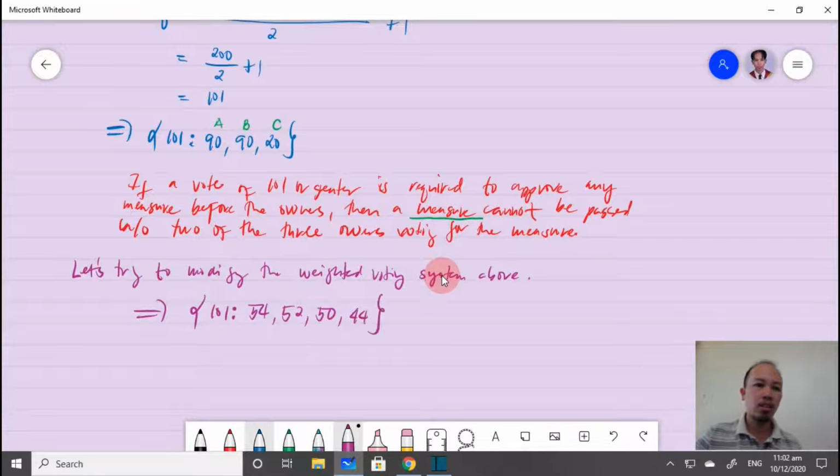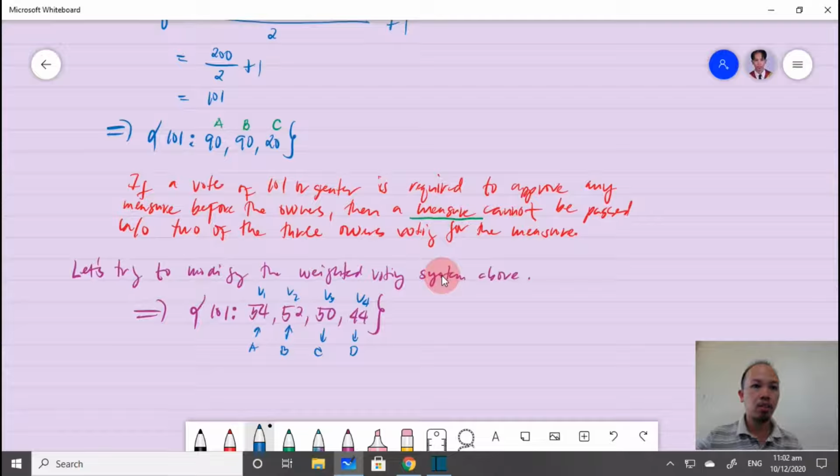So this is our voter A, this one is voter B, voter C, and stockholder D. You can denote these as V1, V2, V3, and V4. So a new stockholder is added.